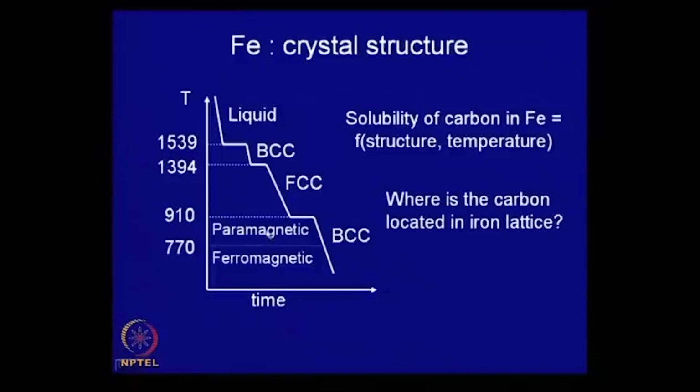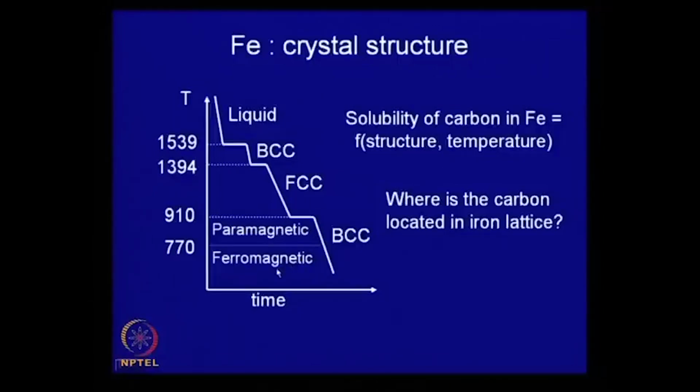If you cool further, initially that BCC structure does not exhibit magnetic property, it is paramagnetic. If you cool below a temperature called the Curie temperature, that is around 770 degree centigrade, below this it is ferromagnetic in nature. But here the enthalpy change is negligible, so you do not get any step, but if you measure magnetic property you do find a change.